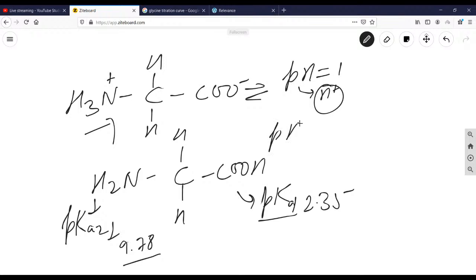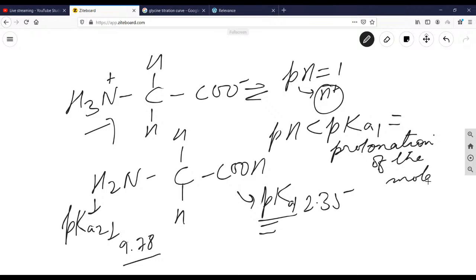When pH is less than pKa, we are considering first this pKa1. So pH is less than pKa1. At that time too much H plus is in the system, so H plus will protonate it.